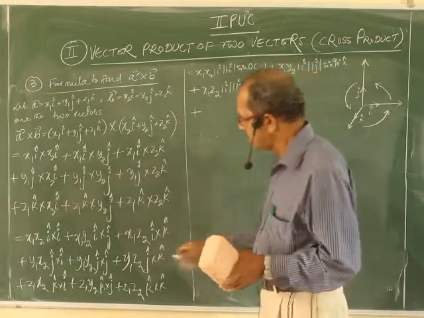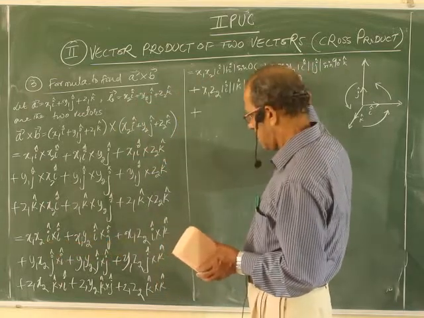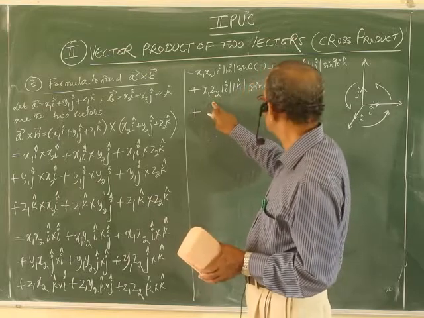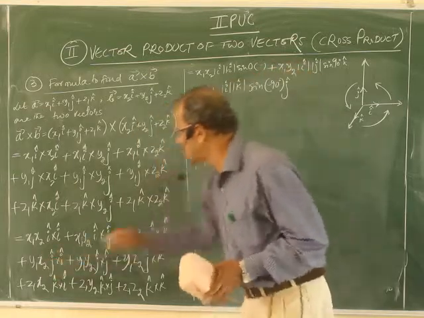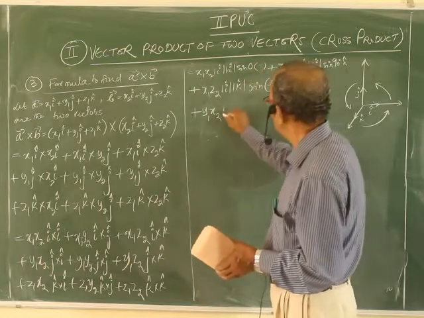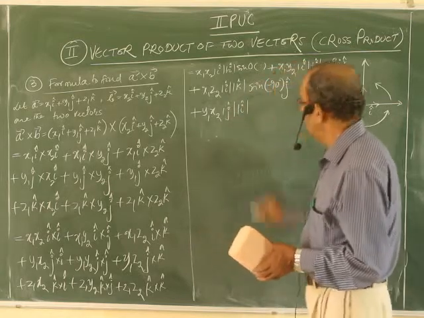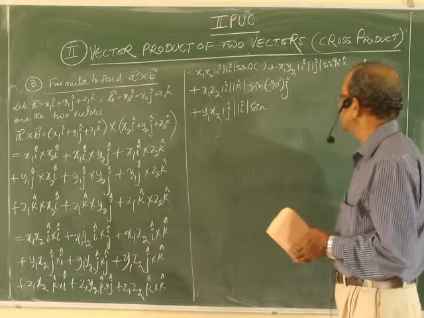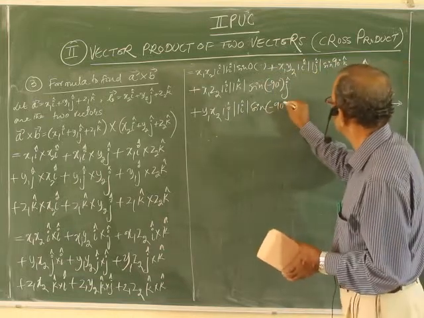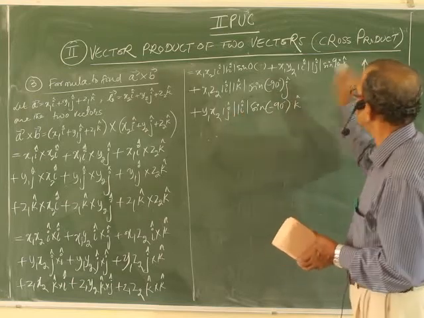y1 x2 mod j mod i, sine of the angle between j and i reverse, vector perpendicular to both j and i, k.